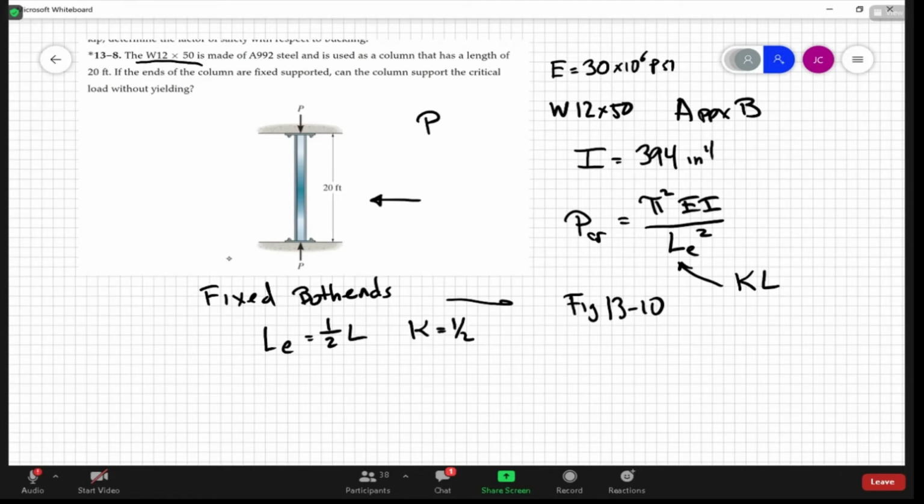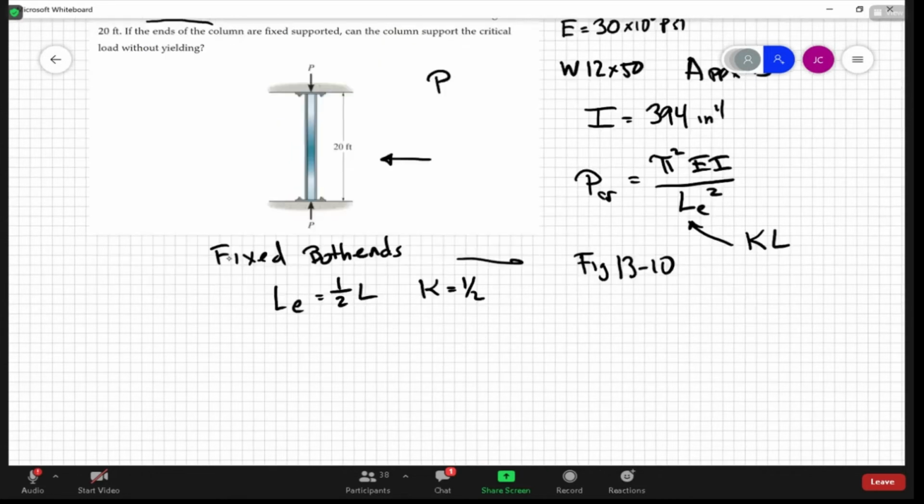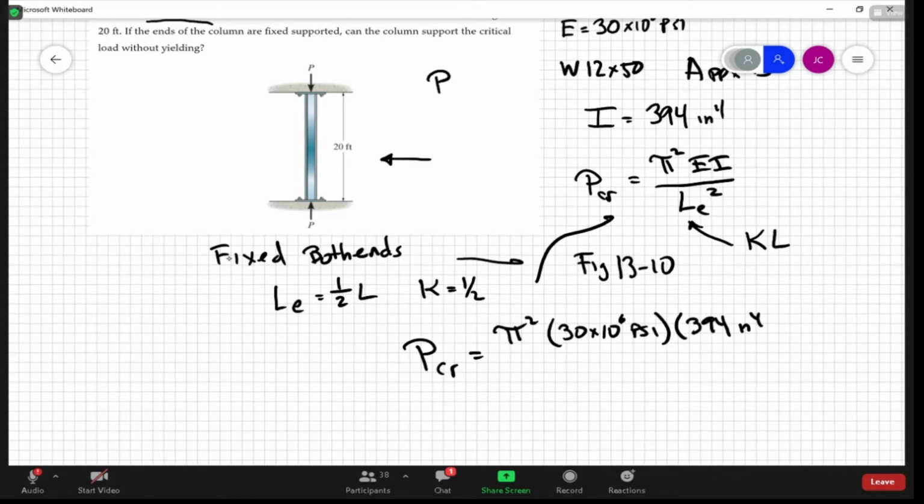Then let's put that in here. So that gives us the critical buckling load is equal to pi squared, E is 30 times 10 to the 6 psi, I is the 394 inches to the fourth.